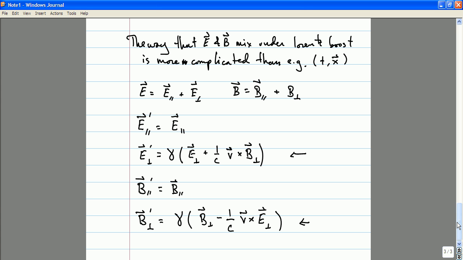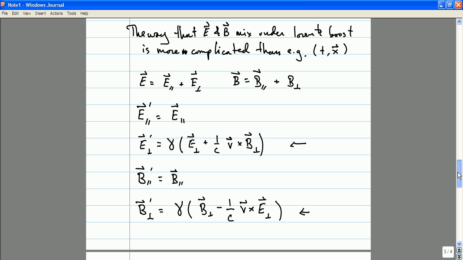I just want to say one more word about this Lorentz transformation rule. This is not the transformation rule for a 4-vector, such as that 4-dimensional vector containing t, x1, x2, and x3 under a Lorentz boost.